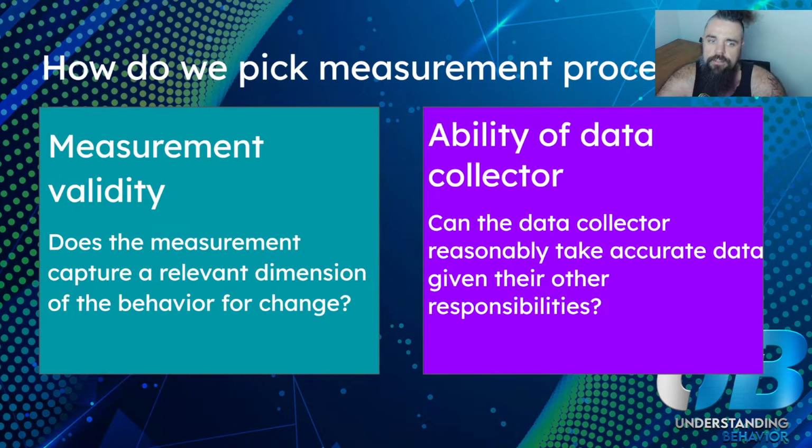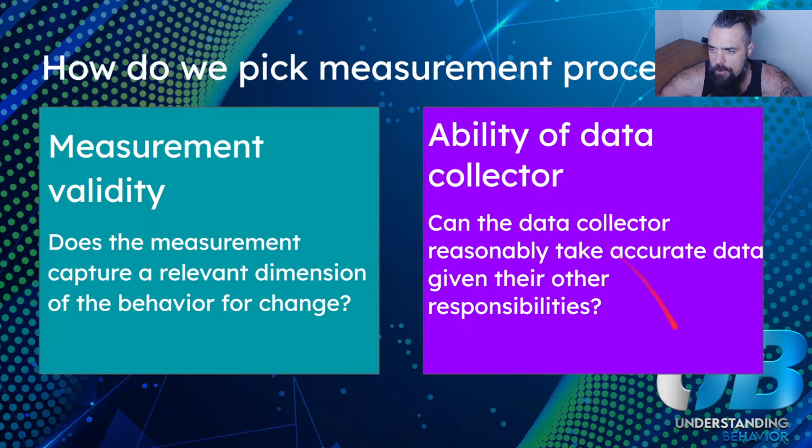Last time we talked a lot about our continuous measurements. A lot of these were valid options because they collect very thorough data about the behavior. But they're not always the most user-friendly as far as the ability of our data collector, since they always require constant observation, and you really have to capture every instance of the behavior occurring.